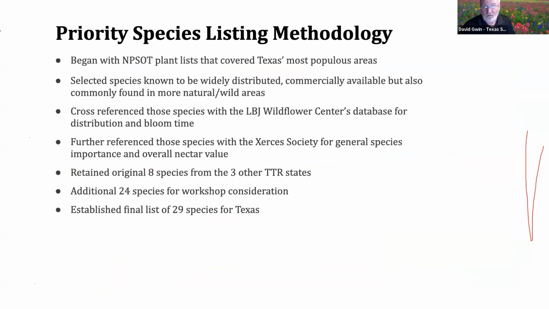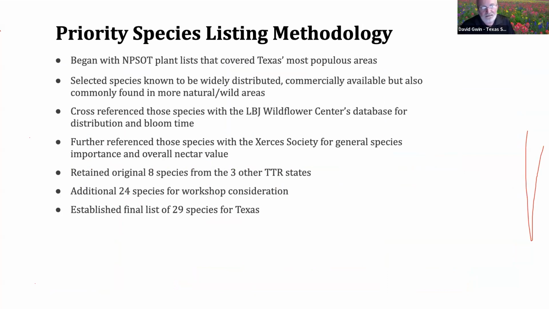It went through a number of exercises to take plant species that we had been using in wildscaping projects and native gardening projects. We took the native plant NPSOT list. Many of you may be aware, NPSOT maintains plant lists for all of the ecoregions of the state.